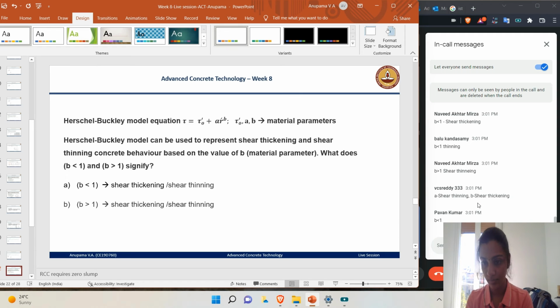No, that's it. So what is B less than 1? What did you want to convey? So Harsha says B greater than 1 is shear thinning.